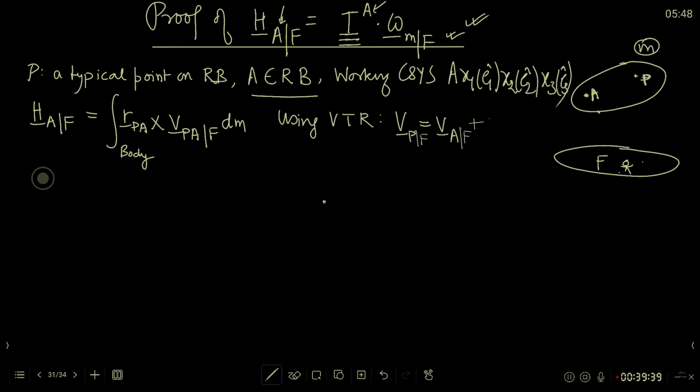I am using IF as M, or rather M as IF, and my IP is A, where A is fixed in RB.